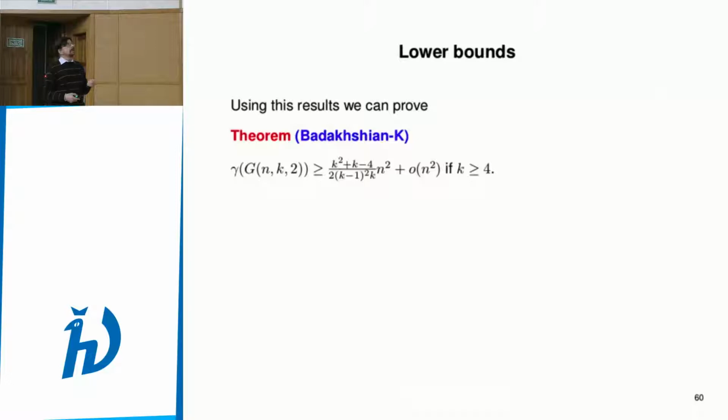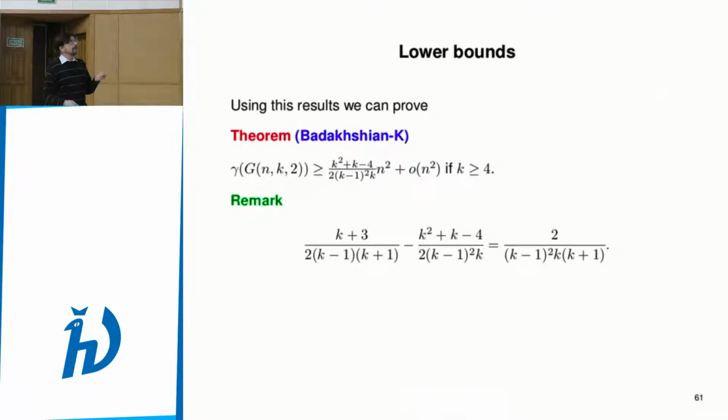So using this result, we were able to prove with Badakhshian this lower bound. This is different from the conjecture, so it's weaker, but the difference is very small. So this was the coefficient in the conjecture, and we had this here, and the difference is really very small, because it's approximately 2 over k to the 5th power.